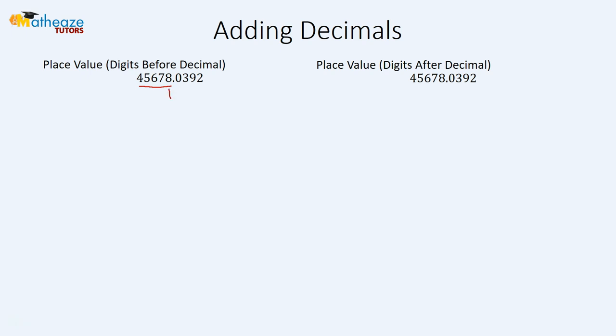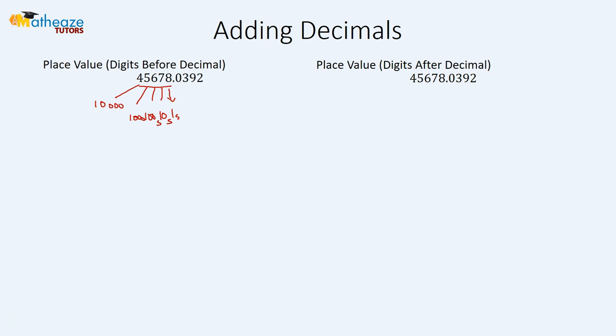So 8 is in what we call the ones place, 7 is in the tens place, 6 is in the 100s place, 5 is in the 1000 place, and 4 is in the 10,000 place.